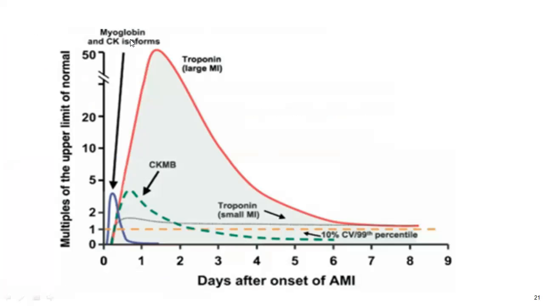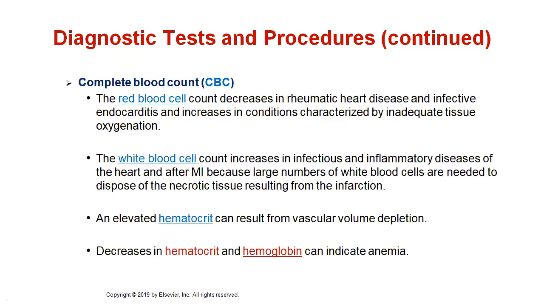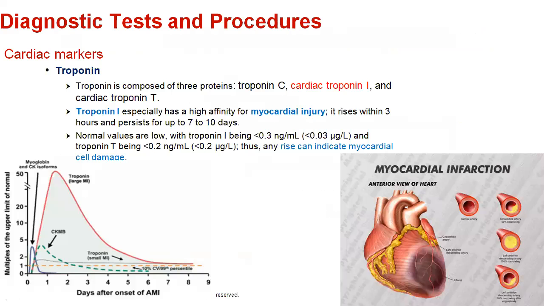CK stands for creatine kinase, MB for myocardial muscle, and myoglobin. So this is the cardiac marker or cardiac enzyme. Out of all, troponin is the most specific for heart. There are three troponins: troponin C, troponin I, and troponin T.